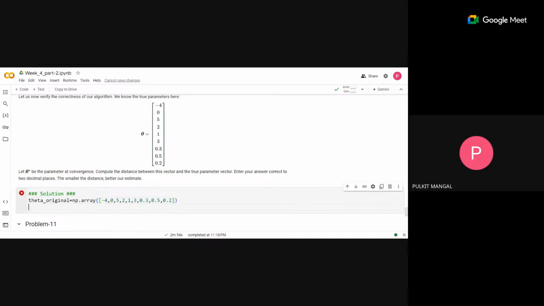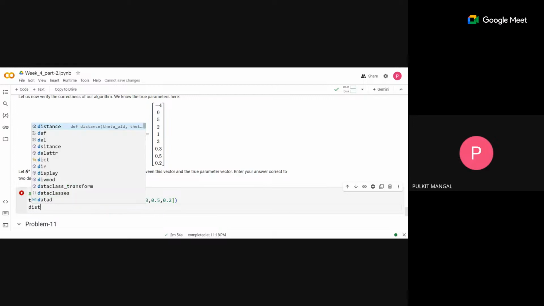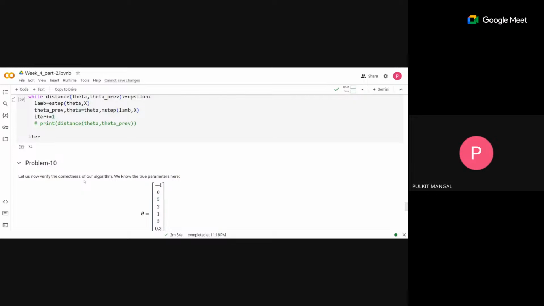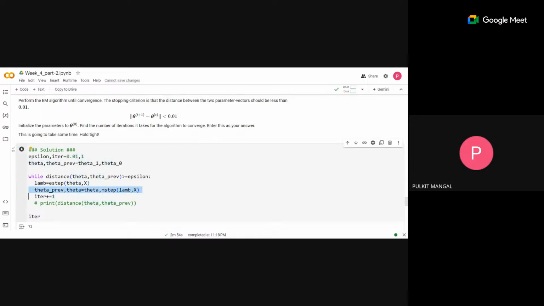Okay, and we need to compute the distance between them. So we'll use our distance function with theta original and theta. This theta, if you remember, is coming from this line, the updated theta.